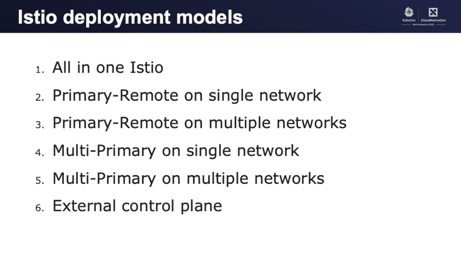Multi-primary on multiple networks and external control plane deployment models are the most complex among all different deployment models. We will focus on these two and discuss how we can do both in IBM Cloud.